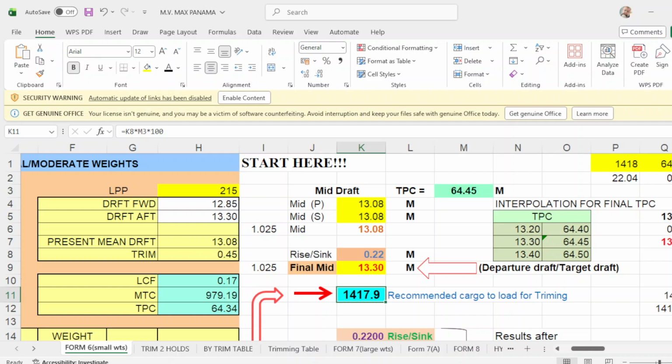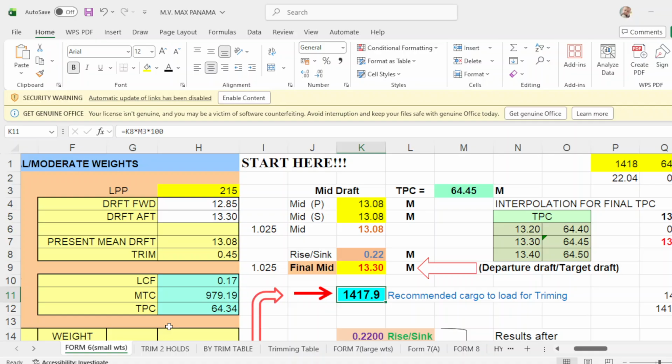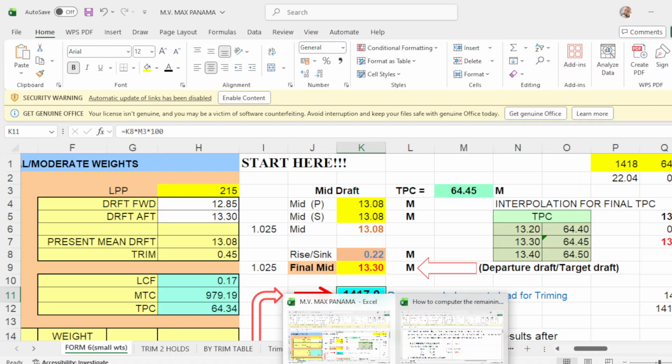Go to the capacity table. The summer draft is 13.25 or 13.30. So that is the summer draft. Now, proceed to the problem.